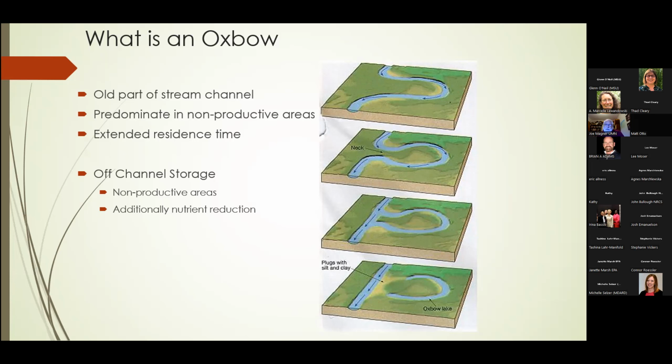And so can we make some good decisions about where we can utilize some of these parcels of land within the watershed that we don't think have value, but actually do have some value?